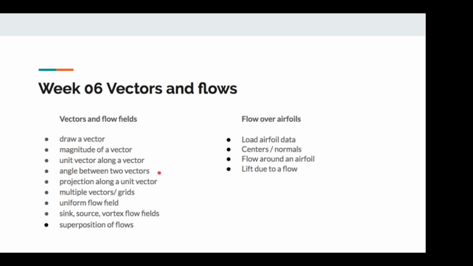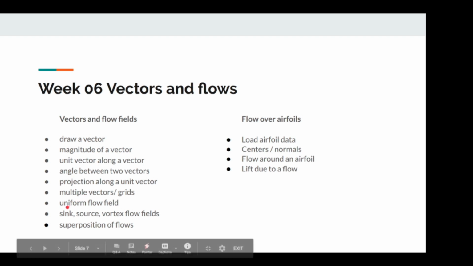After these, we also discussed how one can draw multiple vectors on random points or grids. Once we have a grid, I also showed you how to draw uniform flows and sink, source, and vortex flows.